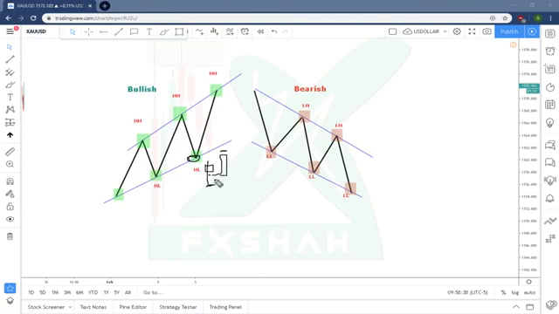So it's totally dependent on your strategy, whether you use candlestick confirmations, patterns, Elliott waves, Wyckoff theory, harmonic patterns, or any strategy that you have. This will be your entry technique.